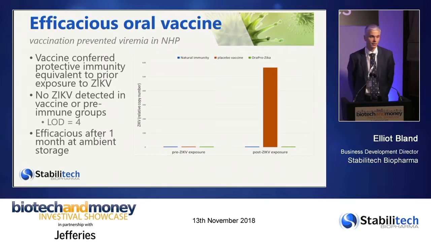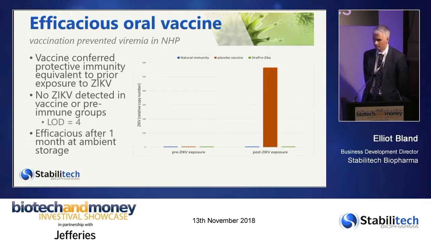And as you can see, after an aggressive intravenous challenge with a live virus, the placebo group suffered a huge amount of viremia, whilst the vaccine candidate group showed a strong immune response equivalent to that of the group that had natural immunity. And this is a product that was shipped outside of the UK without a cold chain and was still efficacious on use despite having sat on a tarmac in a country trying to gain access for a period of time.